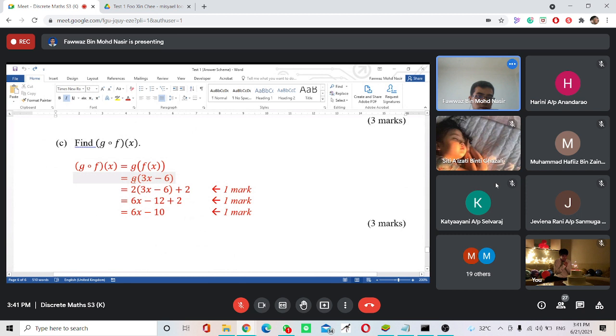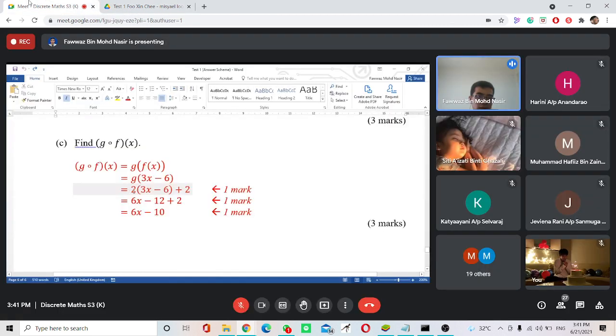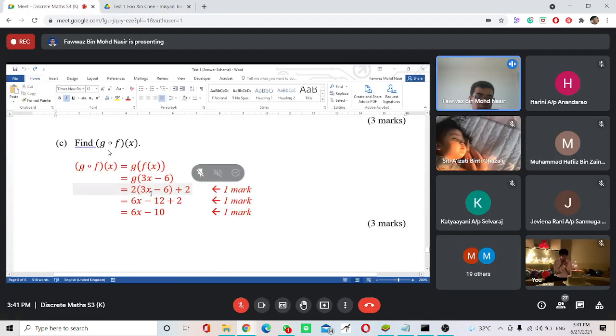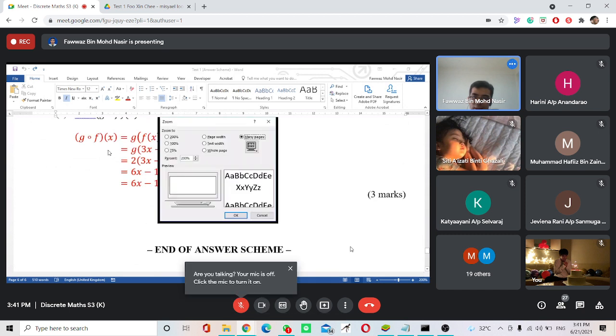So we get g(3x minus 6). Then we substitute g punya function to our problem. So you get 2(3x minus 6) plus 2. So you expand this equation, you get 6x minus 12 plus 2, and you get 6x minus 10. Okay, so kita akan dapat kita punya jawapan.